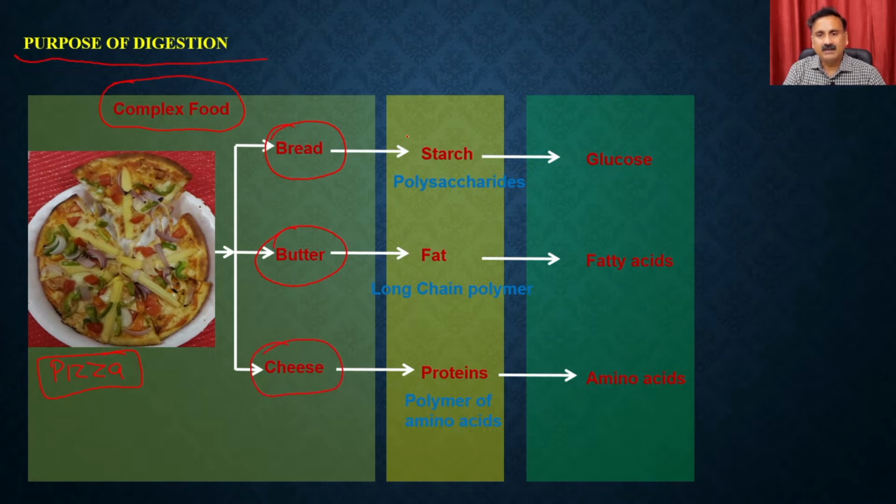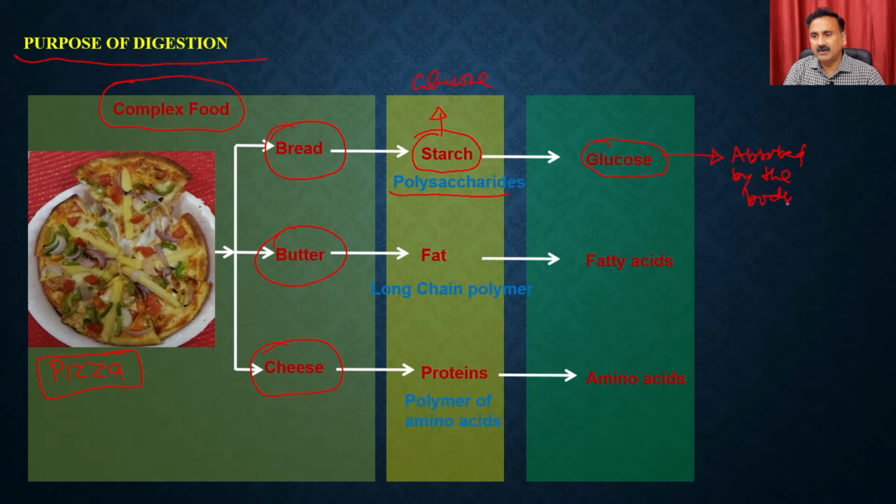And the bread is made up of the starch, which is a polysaccharide. So, it is made up of multiple units of glucose, and once you do the digestion, it is going to get converted into the monomeric unit glucose, and this glucose is going to get absorbed by the body, right.